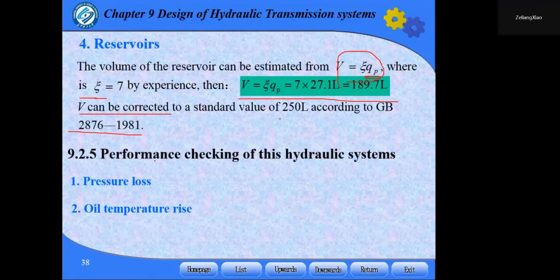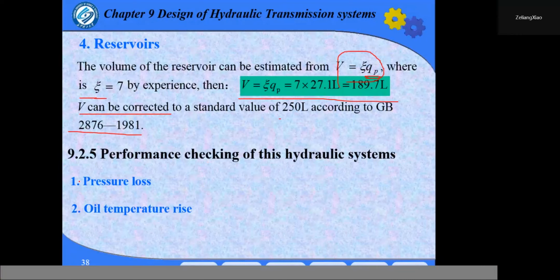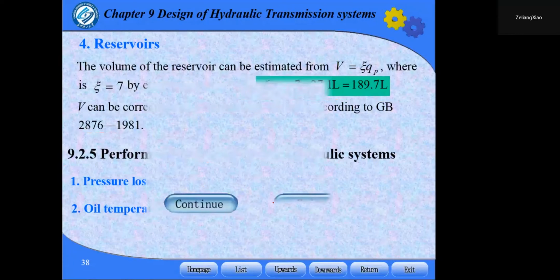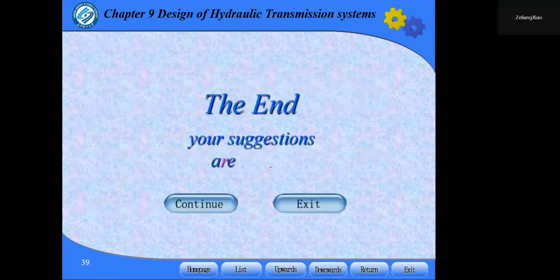The last process is to check the performances of the hydraulic system, concerning the pressure loss and oil temperature rise. Okay.